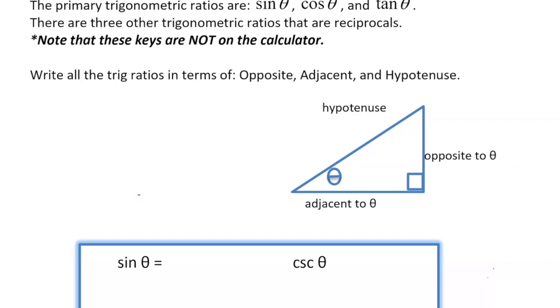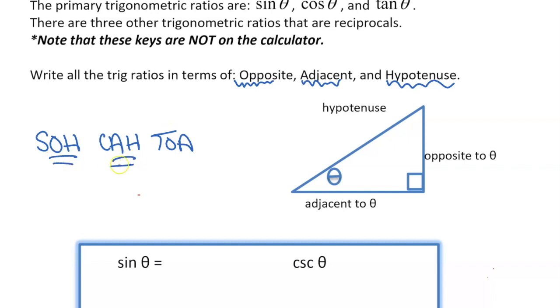Okay, so to get started right now, let's have a review, and this is definitely a review. We're going to go way back to Math 10, where we learned about SOHCAHTOA. And when we did SOHCAHTOA, we learned the acronym of this was to help us quickly remember that sine is equal to opposite over hypotenuse, cosine is adjacent over hypotenuse, and tan is opposite over adjacent.